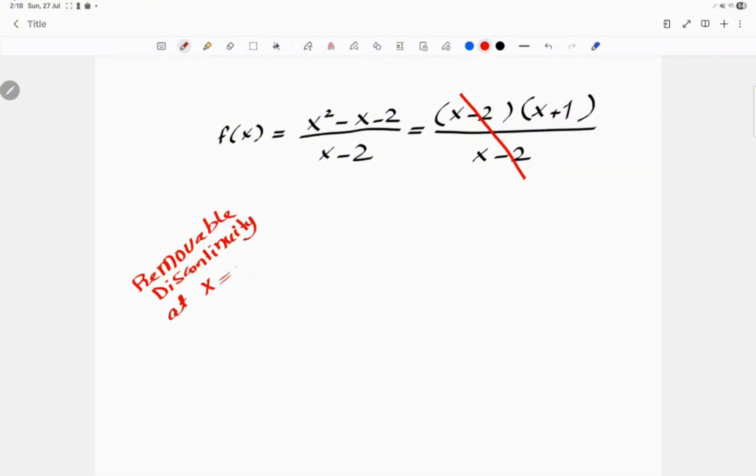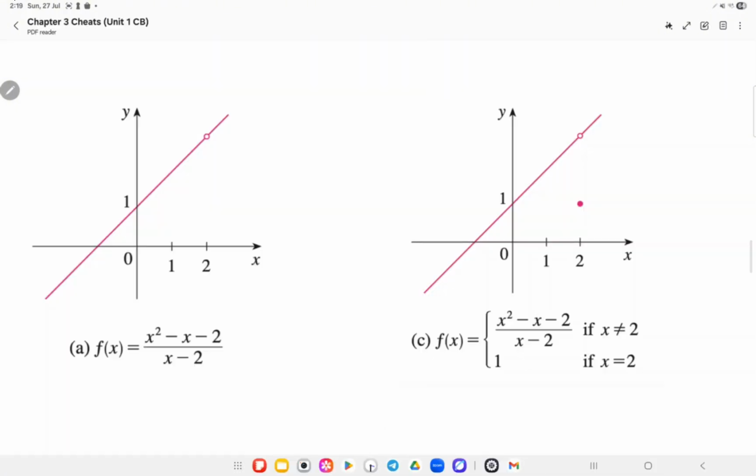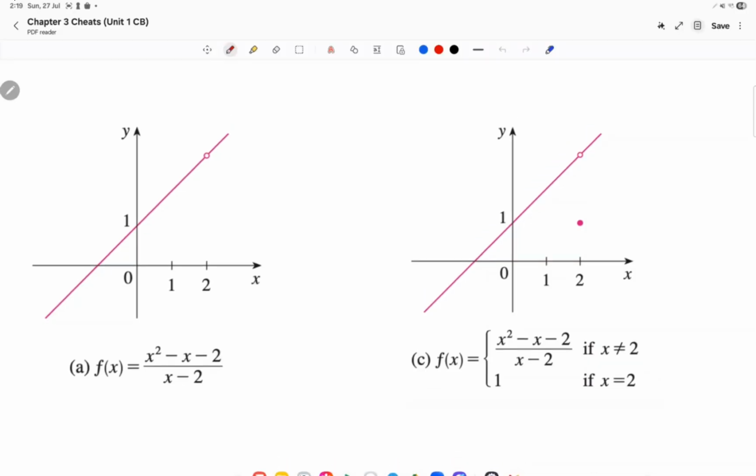Can someone tell us? Exactly. That means your graph must have a hole. If the examiner gives you a graph, it's going to have a hole in the graph. Okay? You're going to have a hole at x of 2 because you removed it. Okay?